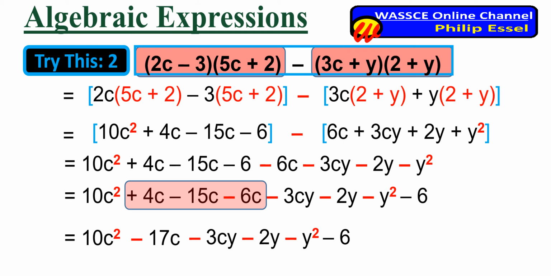We no more have like terms in this expression, so that will be our final answer: 10c squared minus 17c minus 3cy minus 2y minus y squared minus 6.